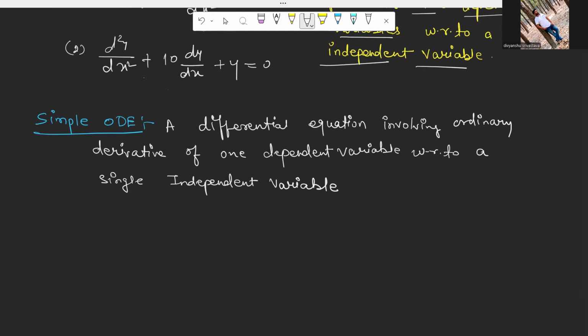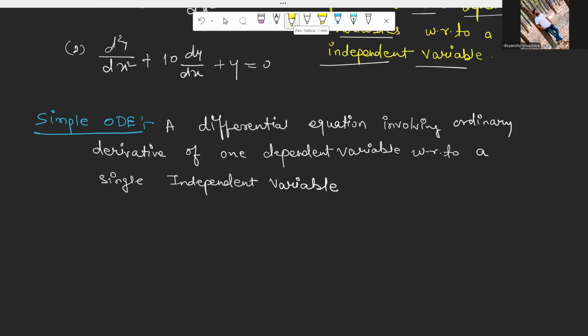That is your simple ODE. It means a differential equation involving ordinary derivative of one dependent variable with respect to a single independent variable.